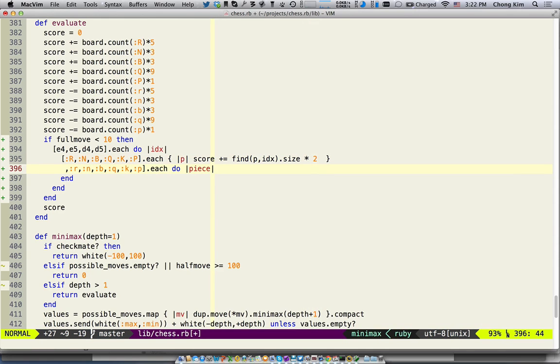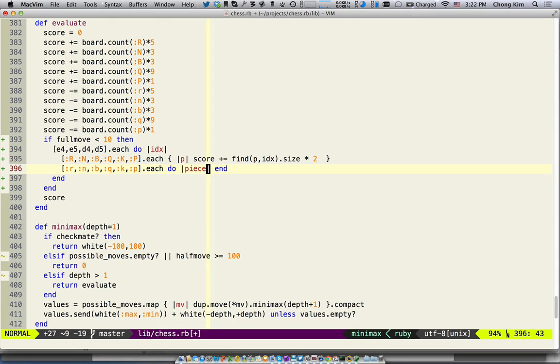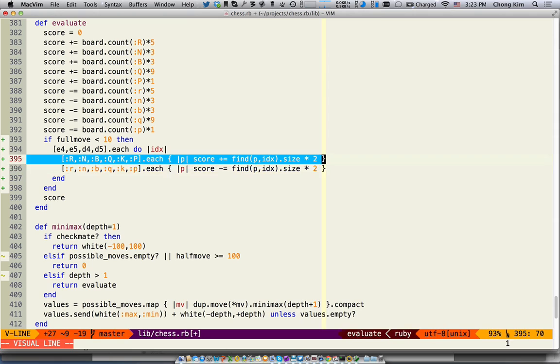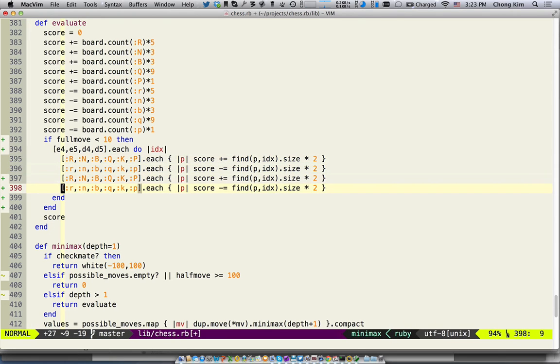Okay, and we do the same thing here for the black pieces. Okay, score, we subtract it though. Okay, times 2. And we also want to give a little some points.